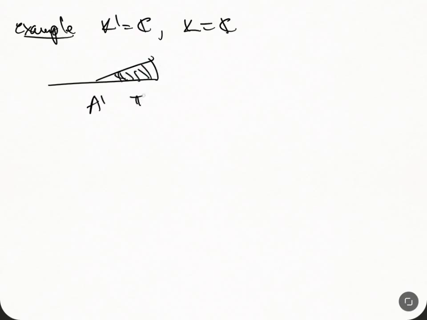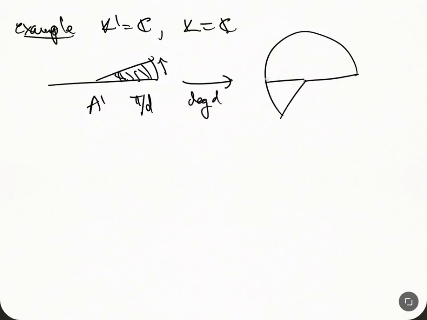This could be, say, pi over D, the angle here, and it needs to map into some bigger angular region that contains it. It doesn't necessarily need to be the whole thing, but if this is degree D, then it'll go all the way around here. Okay. Not getting this piece here. So, A. Okay, so this is kind of the idea.